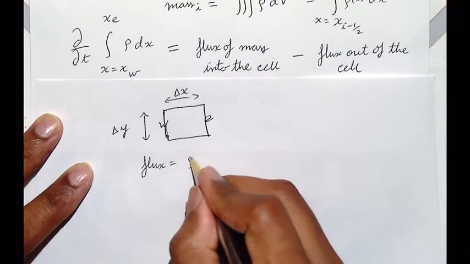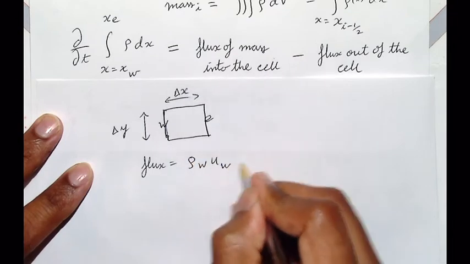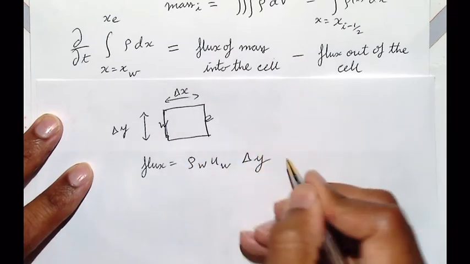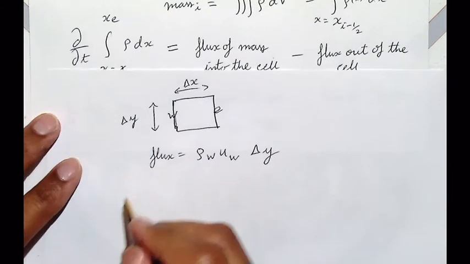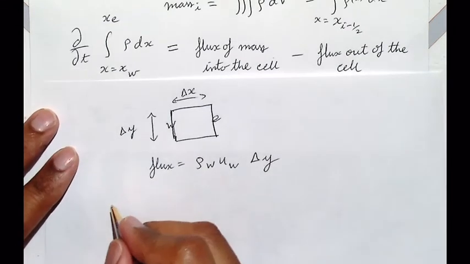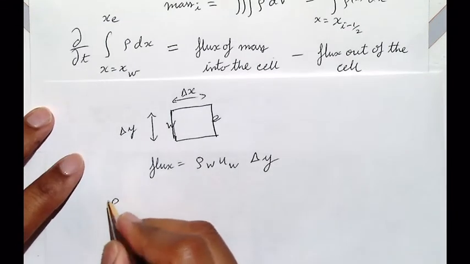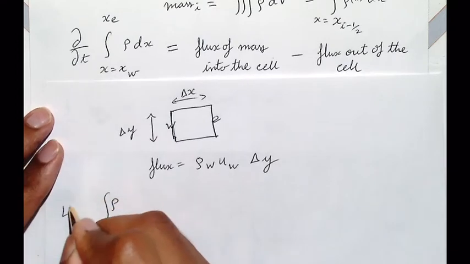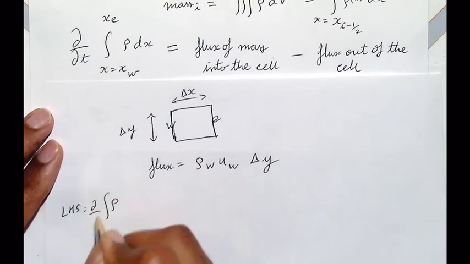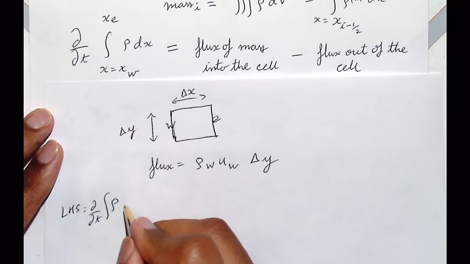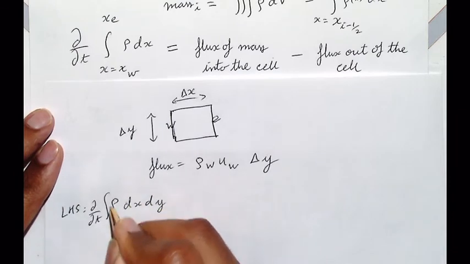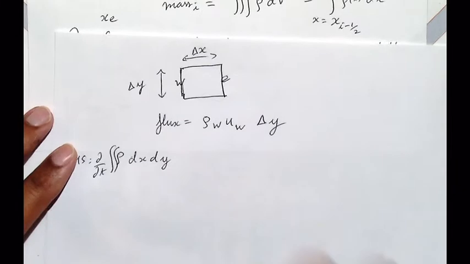Flux would be rho west, u west times delta y. The left hand side would be d by dt of the integral of rho dV, which becomes the double integral of rho dx dy. So everything is consistent.